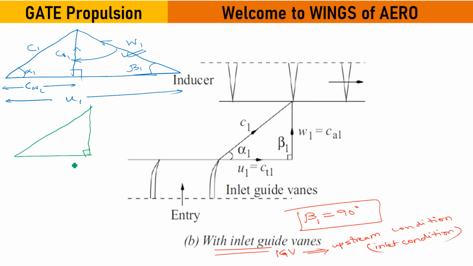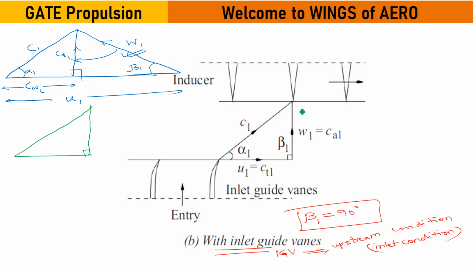Now one more type of question, quite obvious: they might give you different velocity diagrams and ask you to identify which is the correct velocity diagram for so and so condition. For that type of question, knowing the schematic diagram is very important.